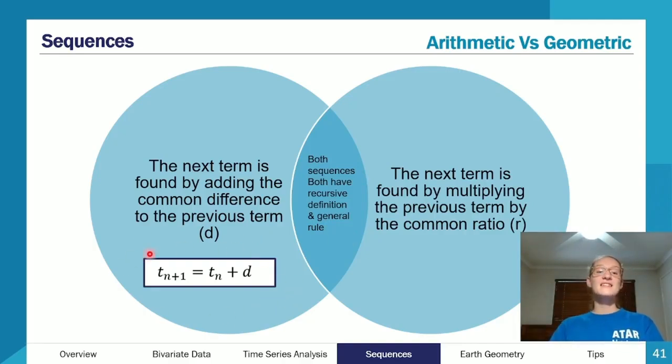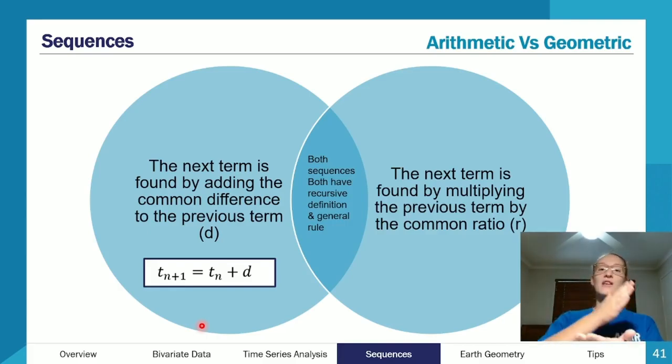So this is the recursive definition for an arithmetic sequence. The idea of recursion is we're taking one number and applying the rule to find the next term. Then we take that term, apply the rule to find the next term, and you get the picture. It can be a bit repetitive, but it's super helpful.